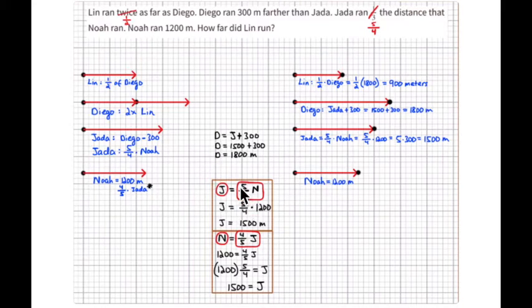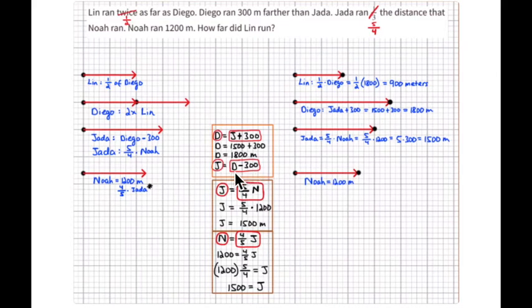Down here we were multiplying, so you use the multiplicative inverse. Here we're adding, so you use the additive inverse. So it might be better to write this as plus a negative 300 to show you that this is the additive inverse of a positive 300, or you can view it as subtracting 300. So Diego is equal to Jada plus 300. Jada is equal to Diego minus 300.